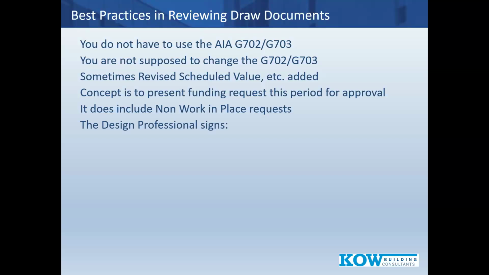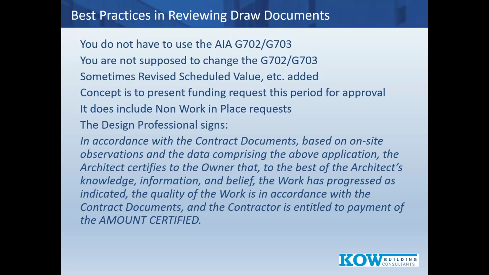But one thing I do want to tell you and direct your attention to is the following. If you look at the 702, 703, on the G702, when the architect signs, it is a very powerful statement.